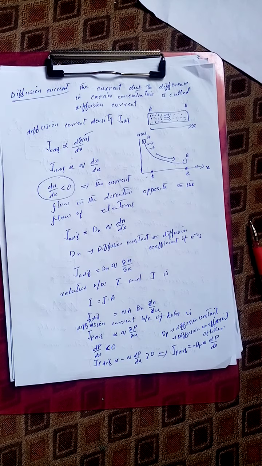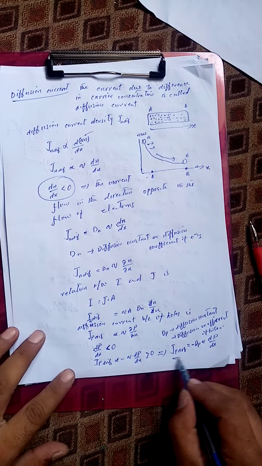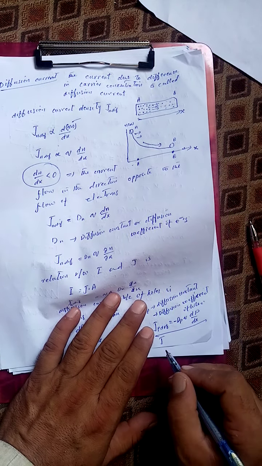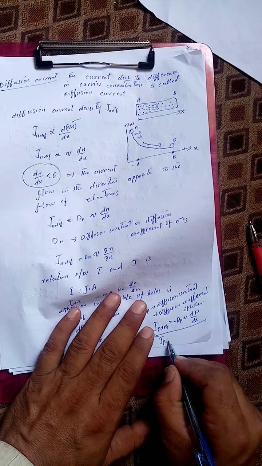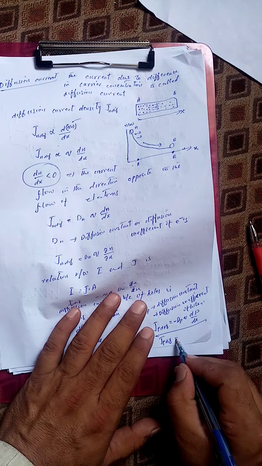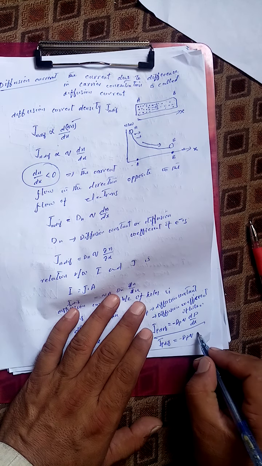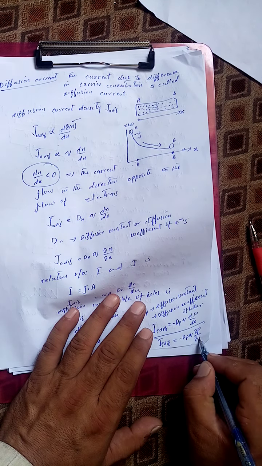Now since the number of carriers can be a function of both position and time, we can write this equation in terms of partial derivatives also. So Jp diffusion will be equal to minus Dp q partial p over partial x.